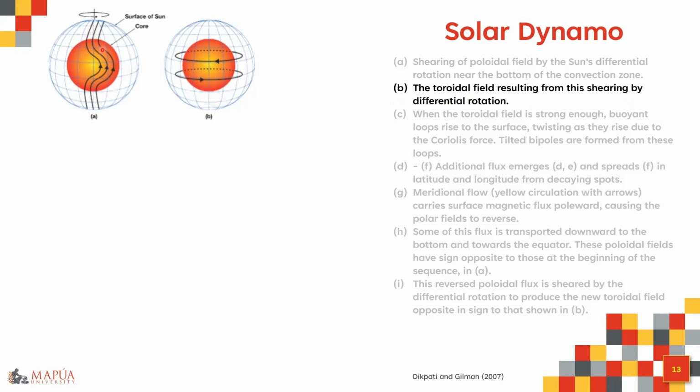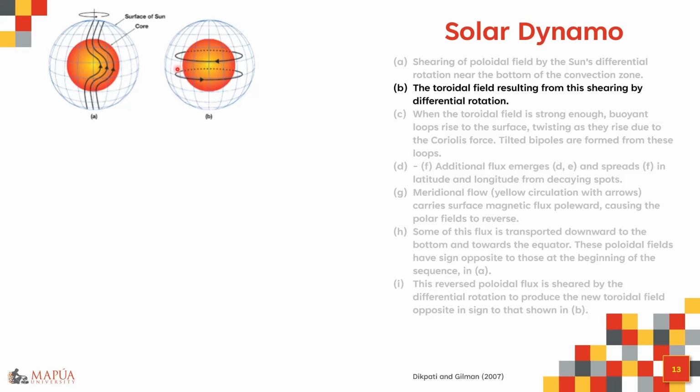So you will notice here at the northern part, the magnetic field is actually generally pointing to the left in this figure. And then at the bottom, it will point toward the right. So because of differential rotation, there will be a generated magnetic field that is pointing in this direction in the northern hemisphere and in this direction in the southern hemisphere.